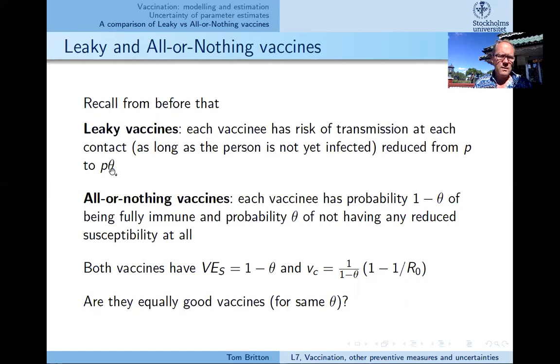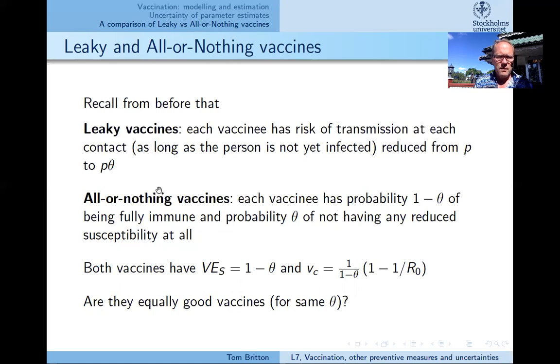So if theta is 0, it means that you have no risk of getting infected. If theta is 0.5, it means you have 50% reduced risk of getting infected. So everyone who gets the vaccine has a reduced risk of getting infected each time they are contacted.